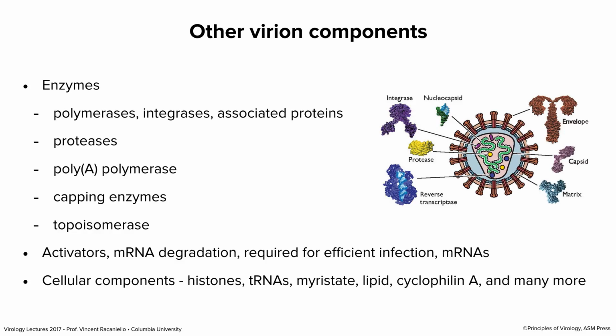There are activators of mRNA synthesis, enzymes that degrade mRNA, things that are needed for infection, and even some cellular components: tRNAs, histones, a variety of lipids, and many more proteins. In fact, one of the interesting things that is being done is to take different viruses, do mass spectrometry on the purified components, find out what's in them, and figure out what they do. So, of course, these other components don't fit these symmetry rules that we've talked about, but they certainly have other roles in virus structure.